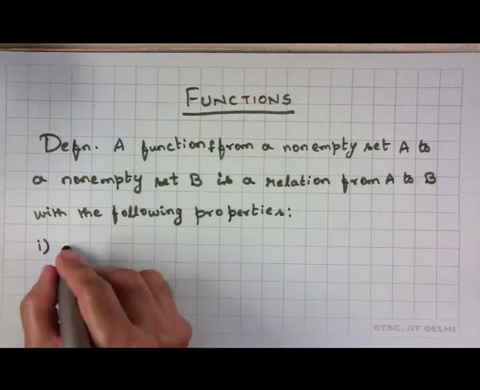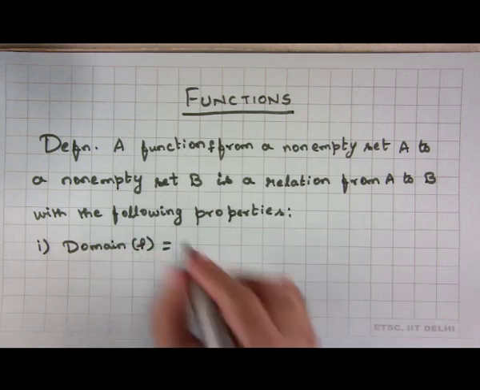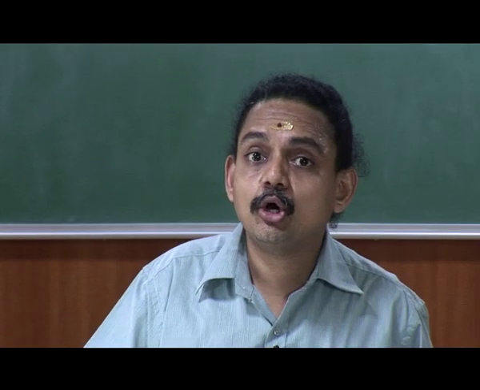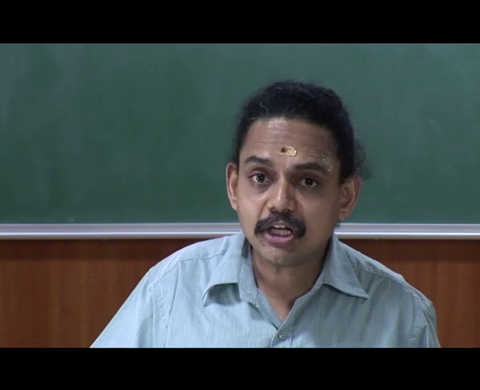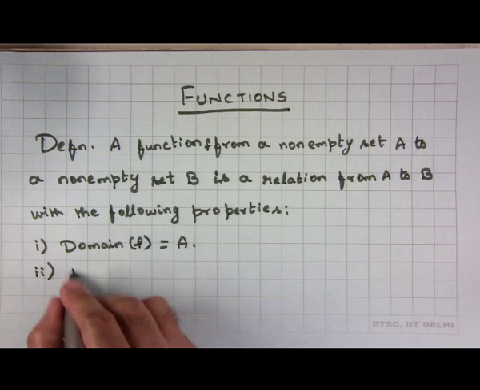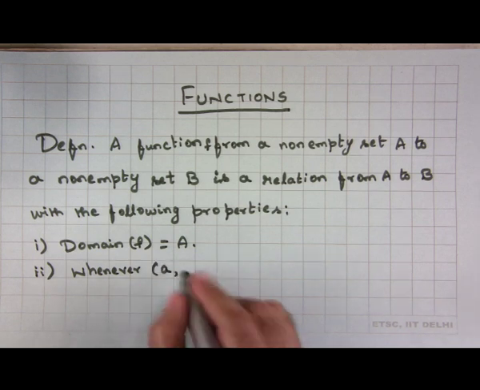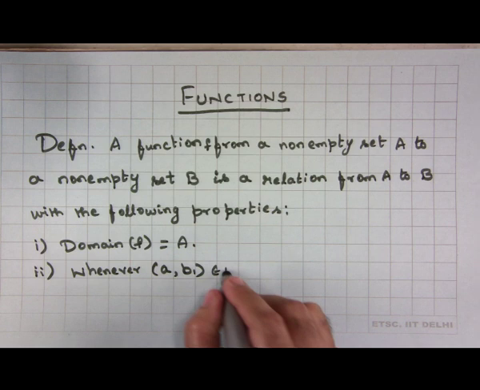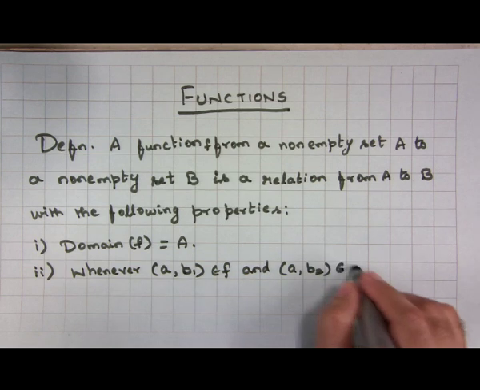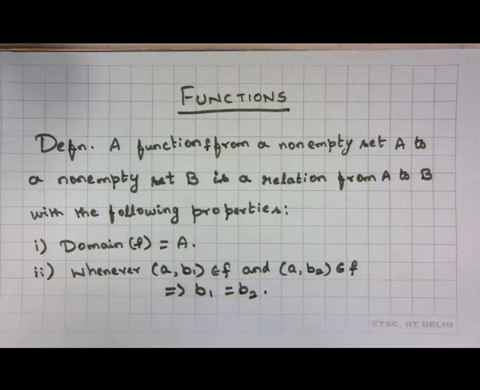First one, the domain of f should be the whole of A. In general, we know that for a relation the domain need not be the whole space, but for a function it should be the whole of A. Second, whenever (a, b1) is in f and (a, b2) belongs to f, these two together should imply that b1 equals b2.